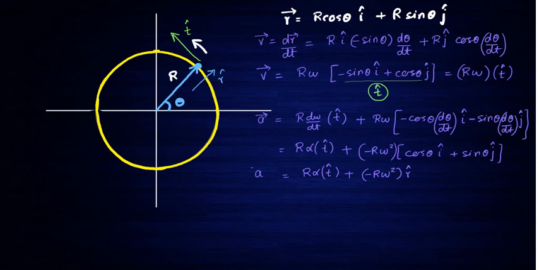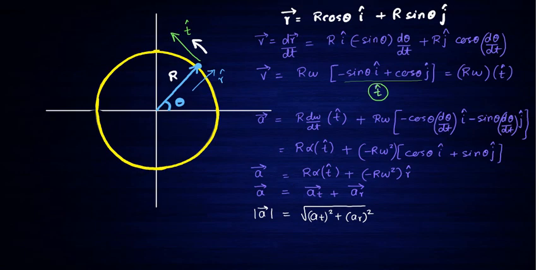So this a vector is the total acceleration. The total acceleration is a combination of the tangential acceleration at vector plus the radial acceleration ar vector, and the magnitude of the total acceleration will be written as magnitude of a bar is equal to under root of at the whole square plus ar the whole square.